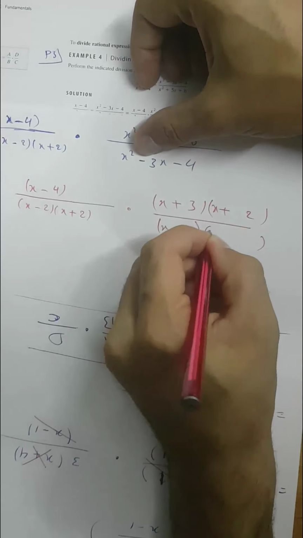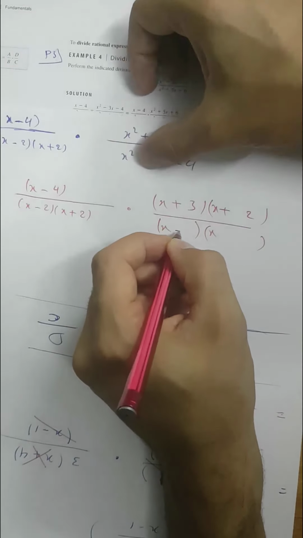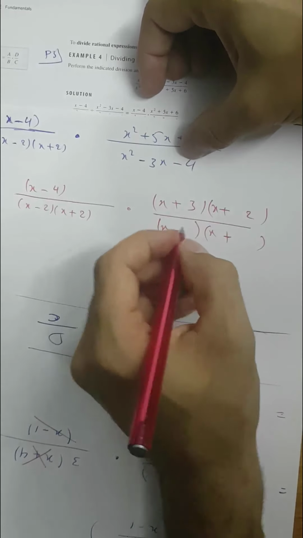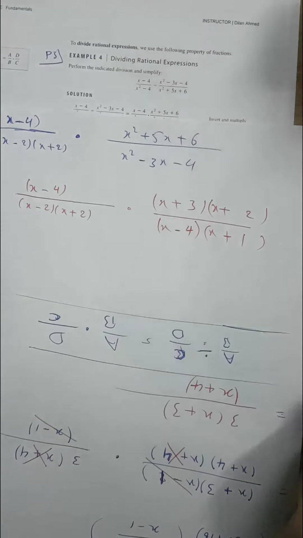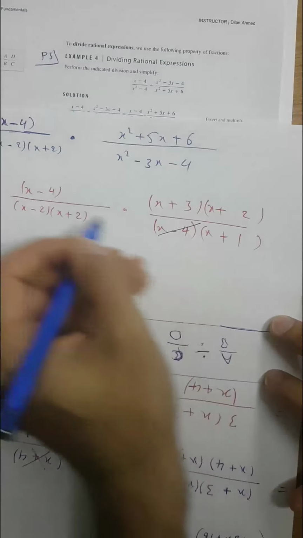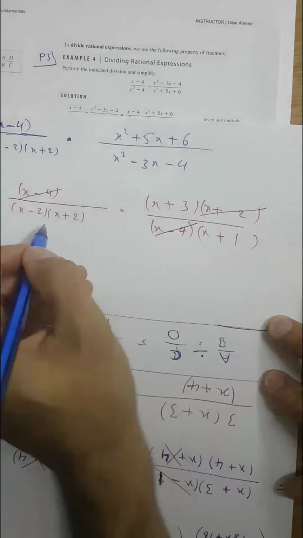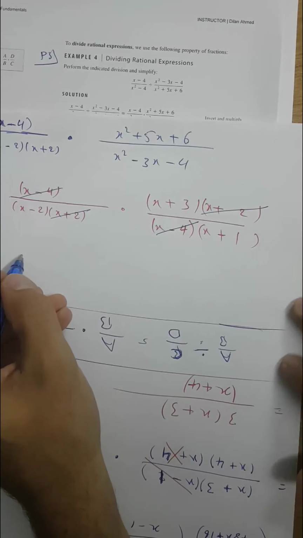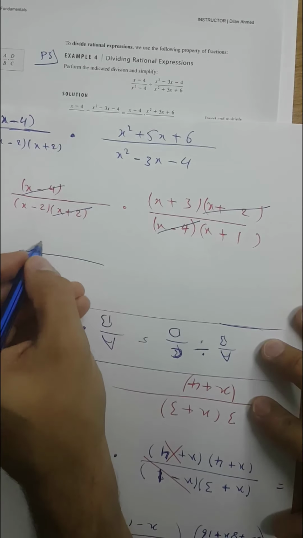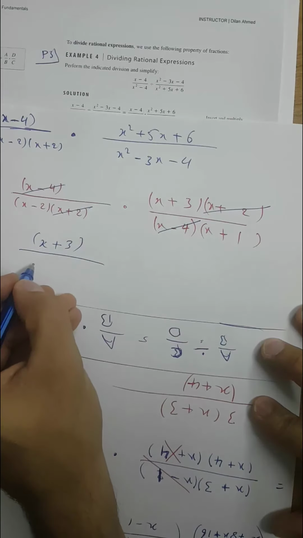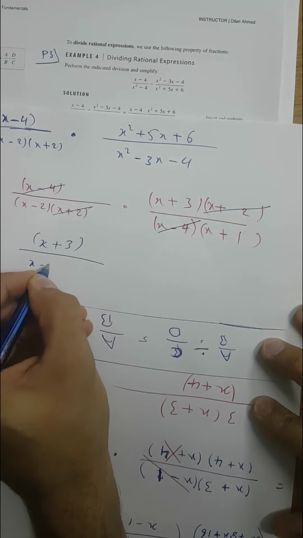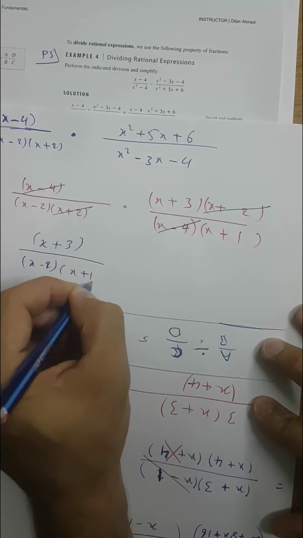Again x, negative positive 4 by 1. Okay, dear. So now you can recognize that we have many things here for simplification. So we cancelled this part, and it remains x minus 1 over x plus 1.